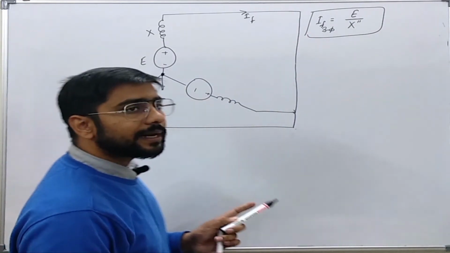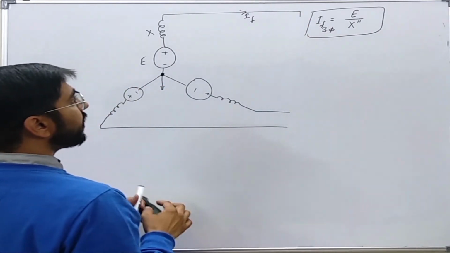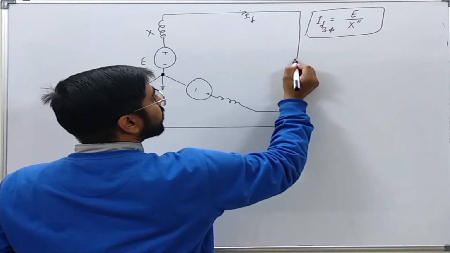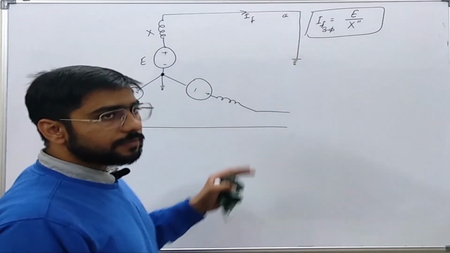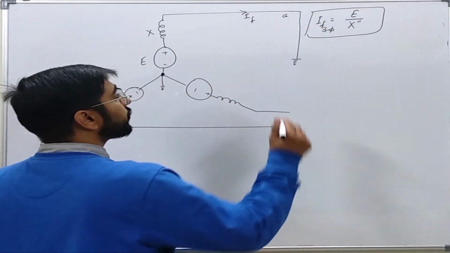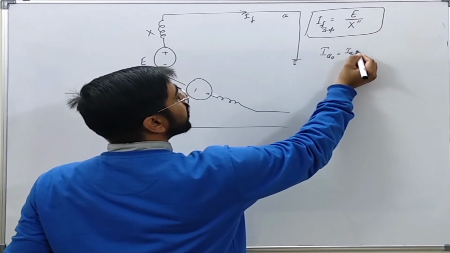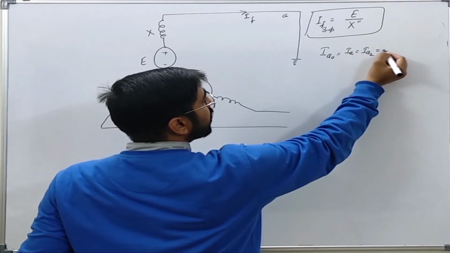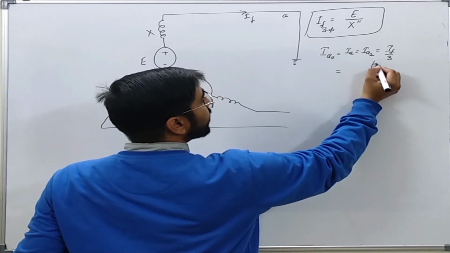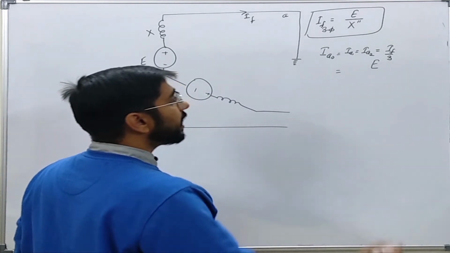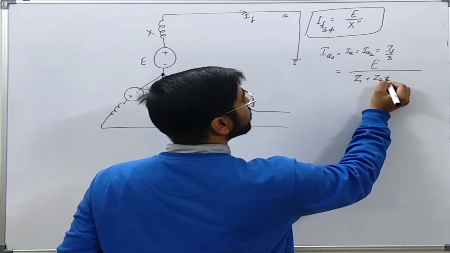Okay. Now let us take a case that instead of three-phase fault, this generator has got a single line to ground fault, that is phase A has got a fault. Now we know that for a single line to ground fault, IA0 is equal to IA1 is equal to IA2 is equal to I fault by 3 is equal to voltage on that point before the fault divided by Z1 plus Z2 plus Z0.